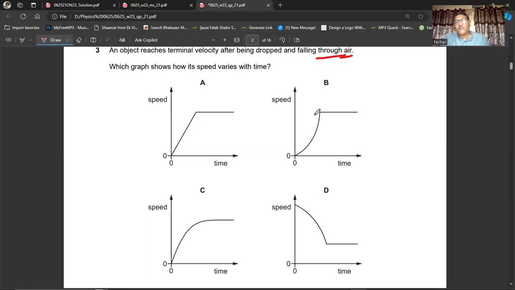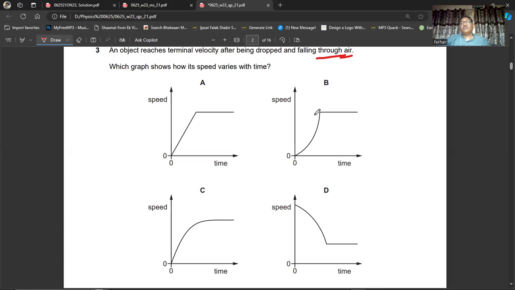But in the presence of air, when you fall down, at the start your acceleration is maximum. But as the air resistance increases with your speed, the value of your acceleration decreases. Your velocity is increasing, but the acceleration is gradually decreasing. So the gradient of that graph must be gradually decreasing.